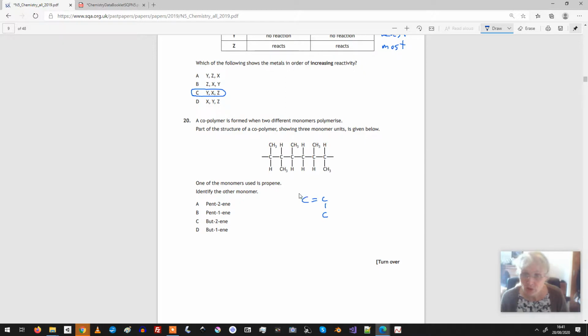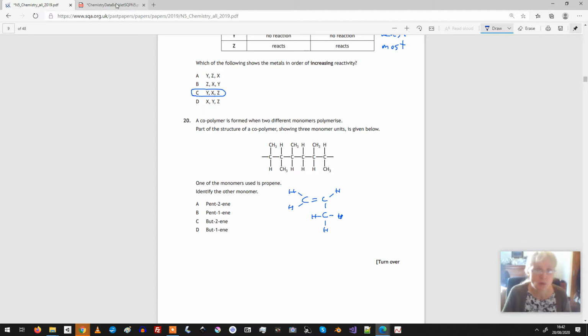So let's just draw in 2 more hydrogens there. Draw it properly. And another hydrogen. And make sure there's 4 bonds around every carbon. So that's propene.